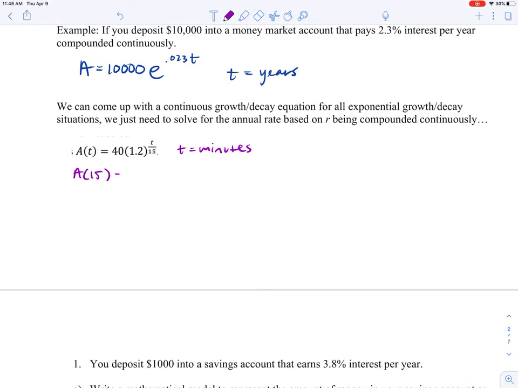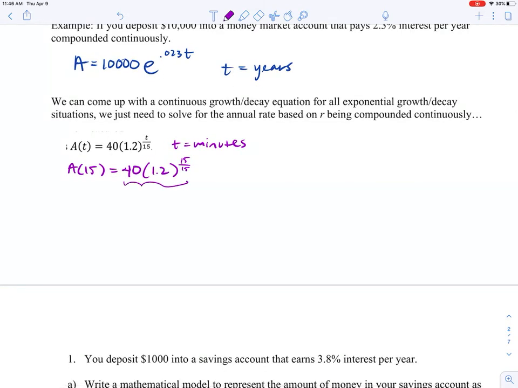So after one period has occurred. So A of 15 is 40 times 1.2 to the 15 over 15th power. Well, 15 over 15 is 1. I'm not going to simplify this. I want the exact value. I'm going to use that as the population. So 40 times 1.2 to the first power equals that initial population.